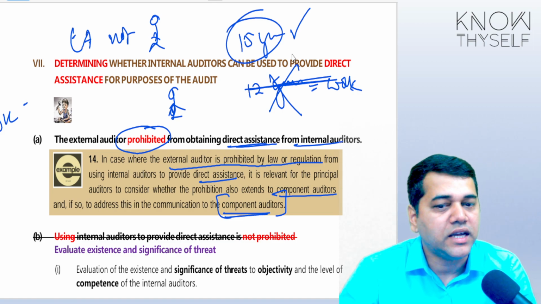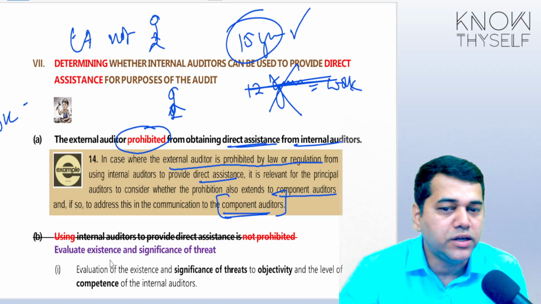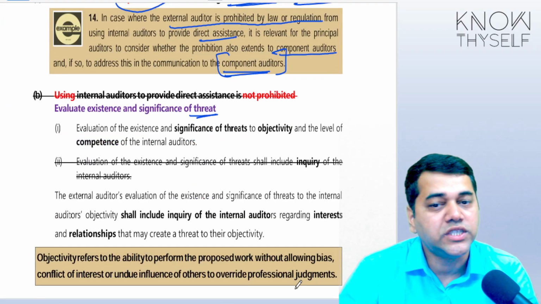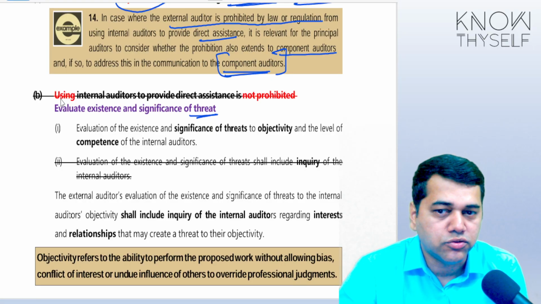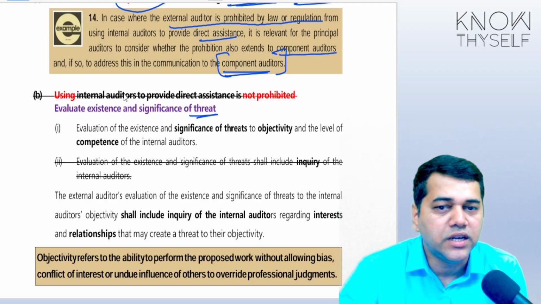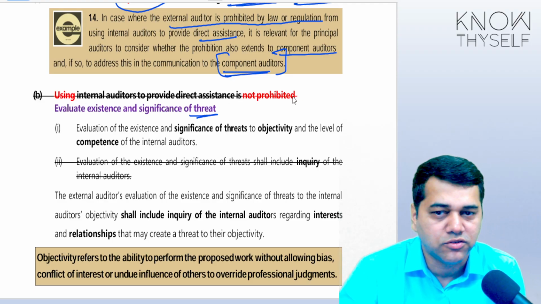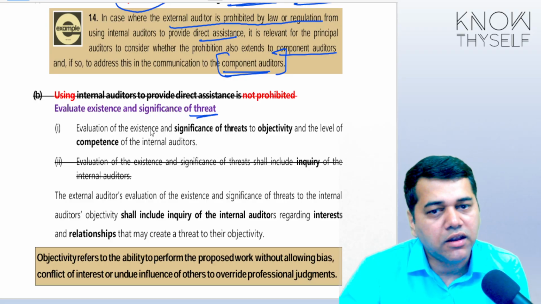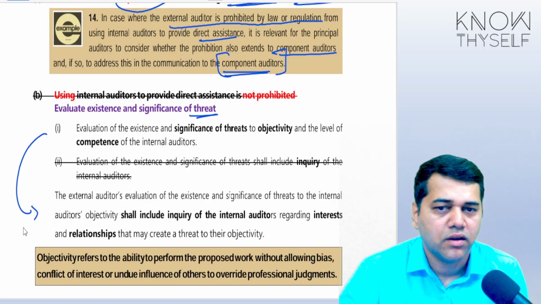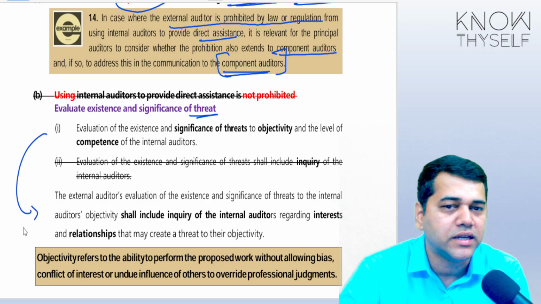What is the second thing I need to check? It is the evaluation of the existence of significant threat. In the study material they have again used the same heading, using internal auditors to provide direct assistance is not provided, and evaluation of significant threat, and the same para has been repeated here. So we can organize it something like this.